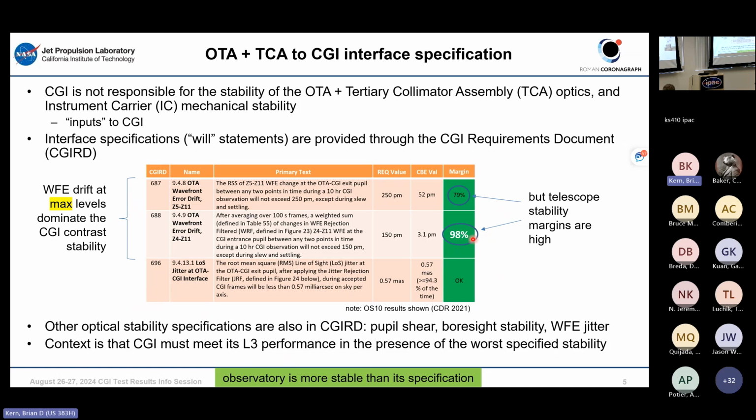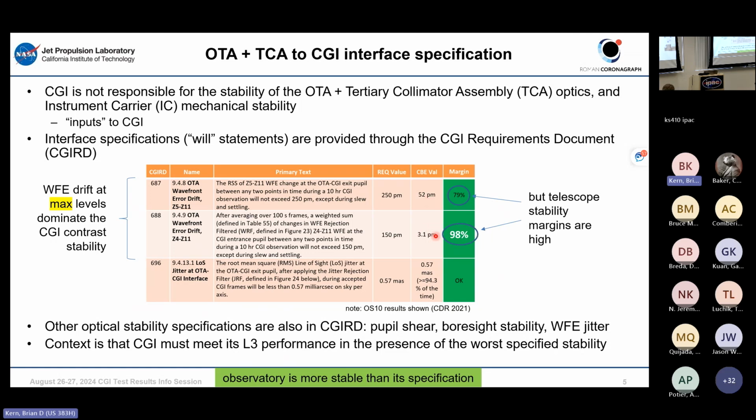John was showing tens of picometers peak to valley, and the numbers that really matter are the hours-long averages of those numbers, which are even better than those peak to valley, tens of picometers.